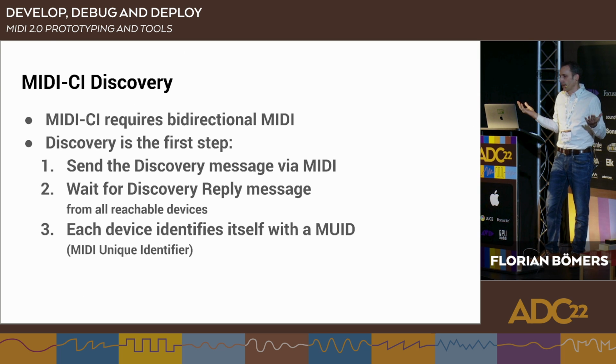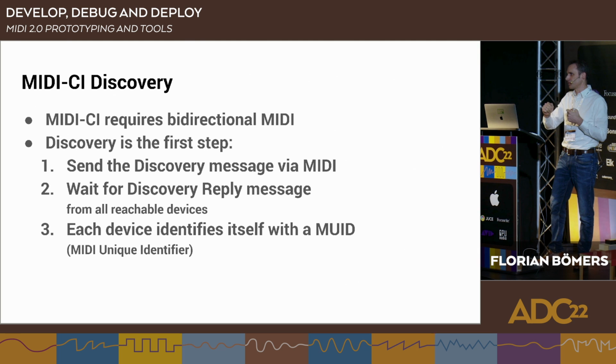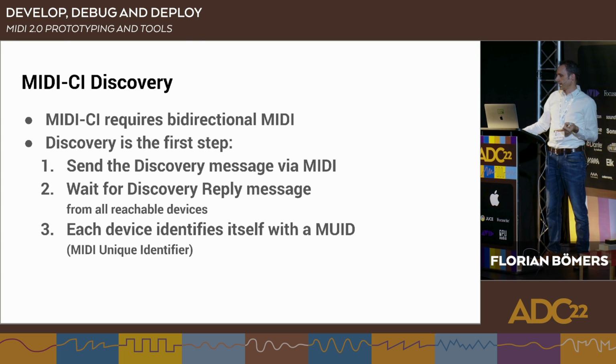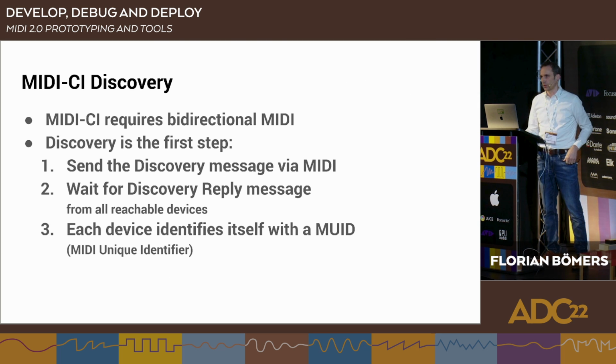If there's no reply, then you know there's no MIDI-CI device on the other end. If you get a reply, you know whoever you're talking to is a MIDI-CI device. There's also a so-called MUID, MIDI Universal Identifier, which allows multiple devices to be on the same MIDI transport, so you can distinguish multiple devices.